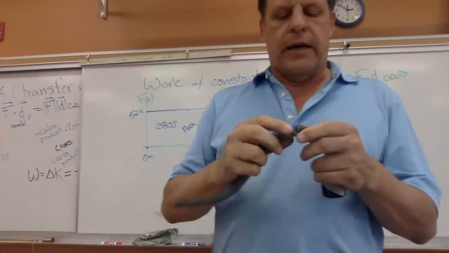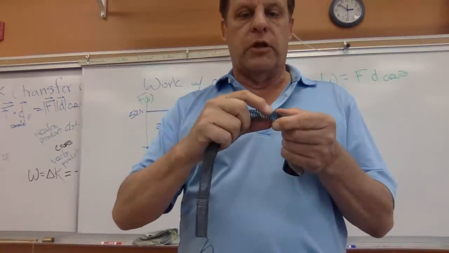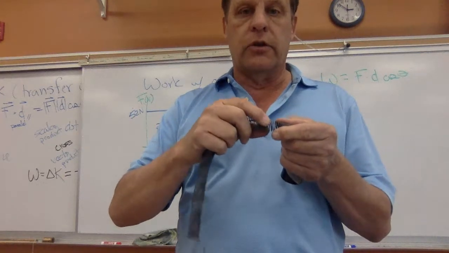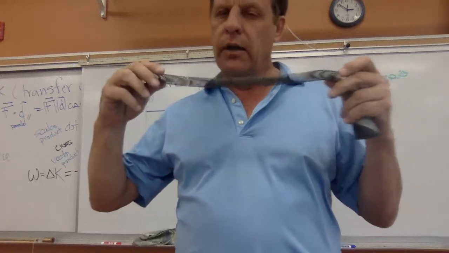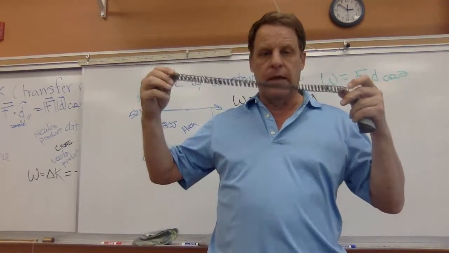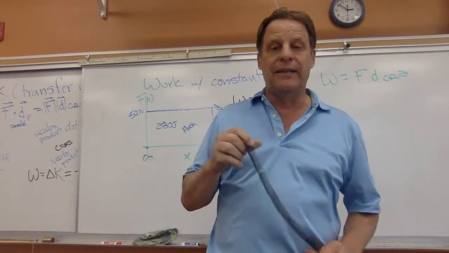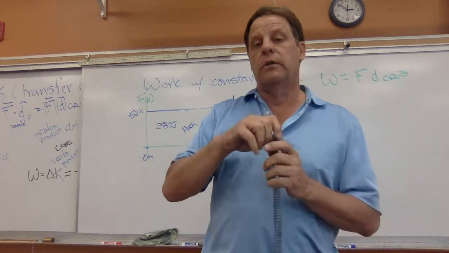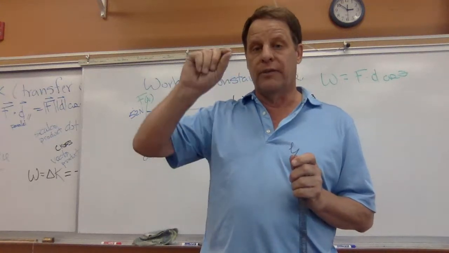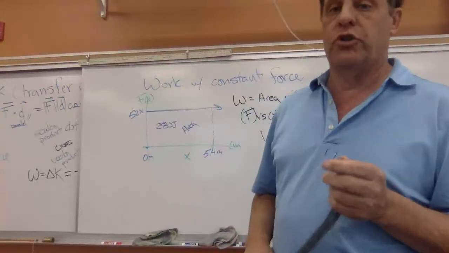If we think about that, when we stretch it a little bit, it's just one coil that gets stretched, and then we stretch it more, it's a second coil and a third coil and a fourth coil. So even though they're all actually stretching just a little bit, if we think about it going one coil at a time, we can see that one coil is the equivalent of a distance, and that our force is proportional to distance.